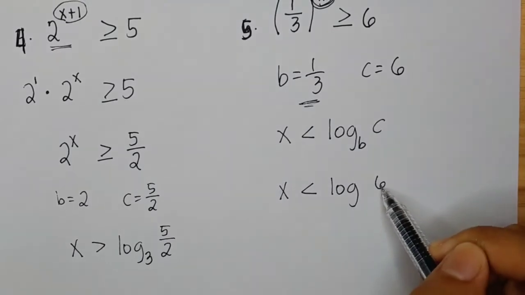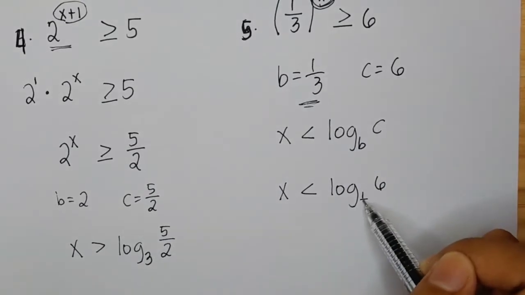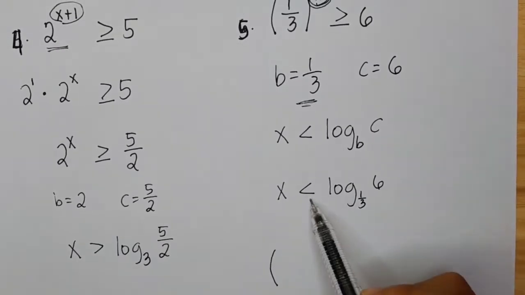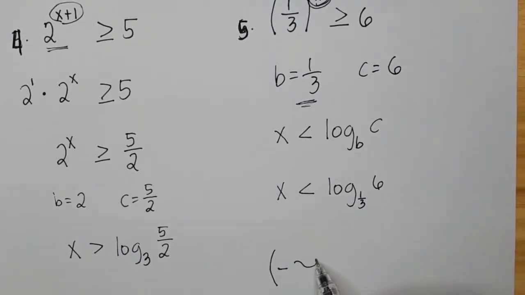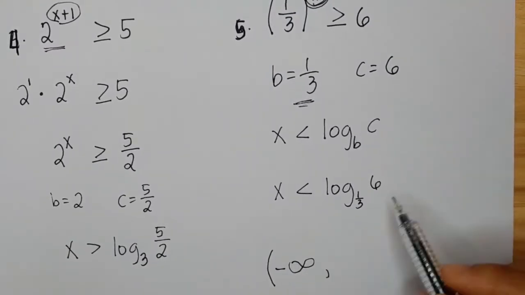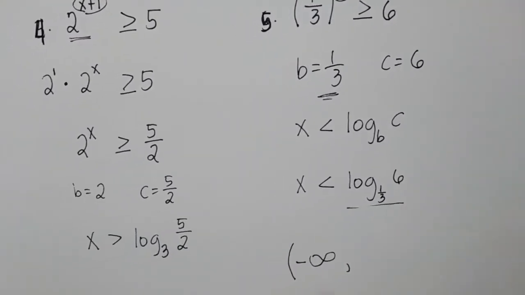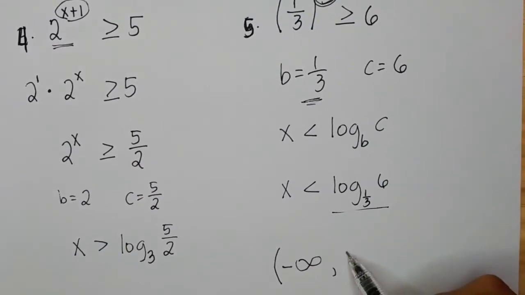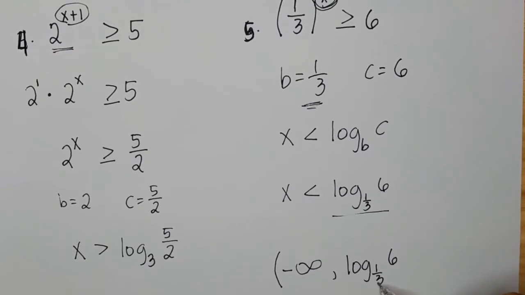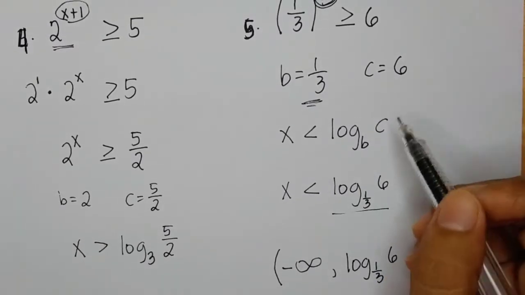That is 6 to the base b, that is 1/3. So, this will be our solution now. That is, since less than, that is from negative. Again ha, if less than siya, that is from negative infinity going to this value. Okay, this is log 6 to the base 1/3. Okay, teka lang.